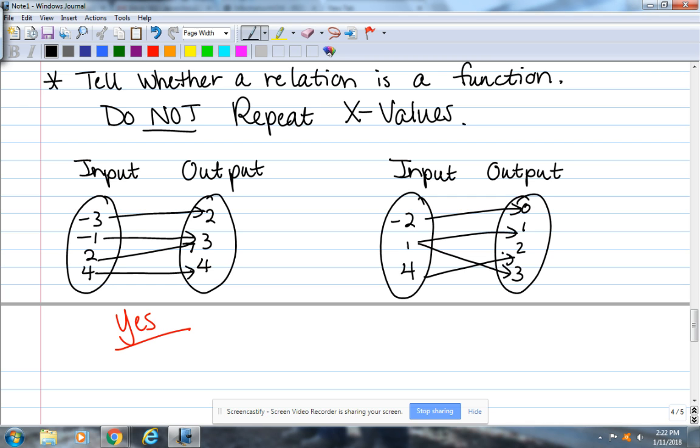Function or not a function? Not. Why not? Well, that 1 right there is being used twice, isn't it? So the inputs are my x values, and that 1 is being used twice. So if any of the x's repeat, it's not a function.